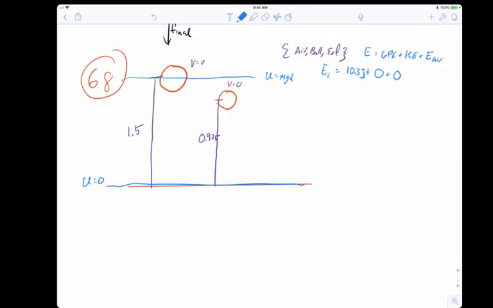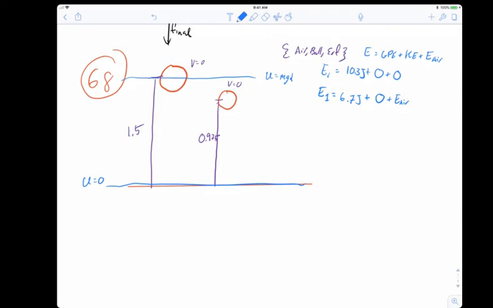The ball, after one bounce, at the peak of its height, is going to have no kinetic energy. I can calculate the gravitational potential energy at that height too, 0.975 times 0.7 times 9.81, 6.7 joules.